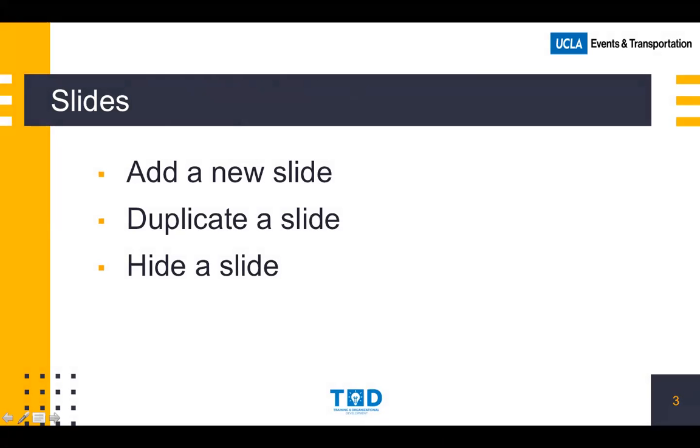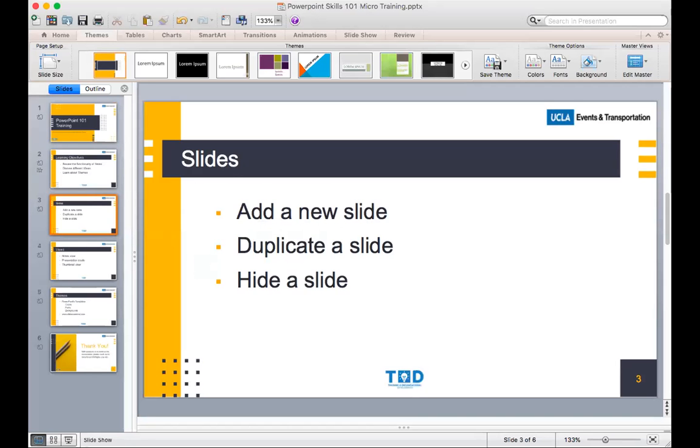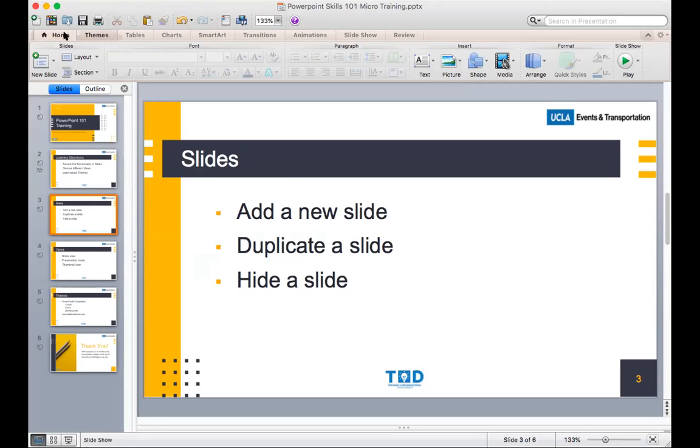So what I'm going to do is get out of presentation mode so that I can show you slides and some of the cool things that we can do with slides. If you want to add a new slide, you go to your home tab, and usually that's your default.